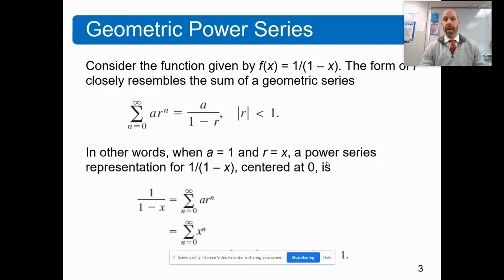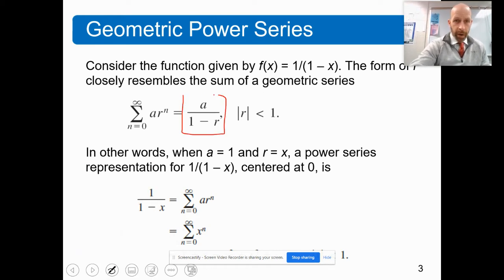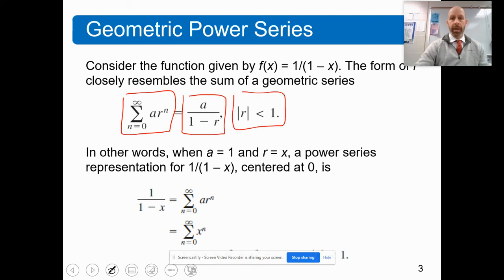So consider the function f of x equals 1 over 1 minus x. This is very similar to our geometric series, if you recall. Remember, a over 1 minus r gives us this geometric series, and this right here is our radius of convergence.